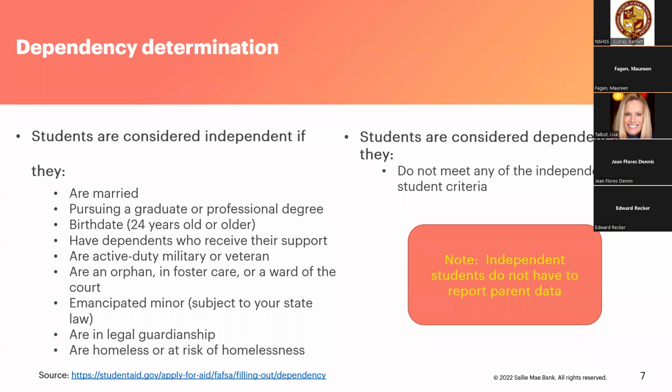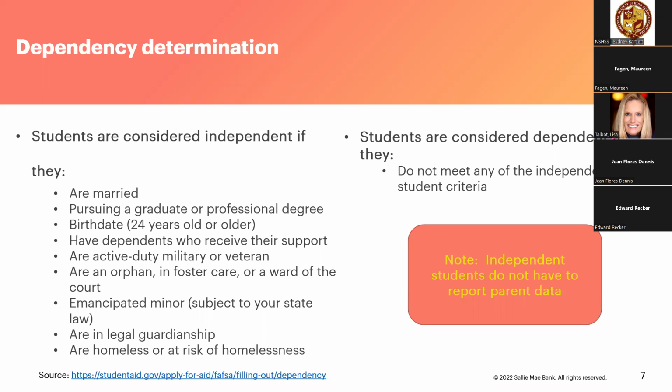A student is independent if they are married, are pursuing a graduate or professional degree, are 24 years or older, have dependents who receive their support, are active duty military or veteran, are an orphan, in foster care, or a ward of the court since the age of 13, are an emancipated minor in a legal guardianship, or homeless, or at risk of homelessness. So you can find more information about dependency status at studentaid.gov.